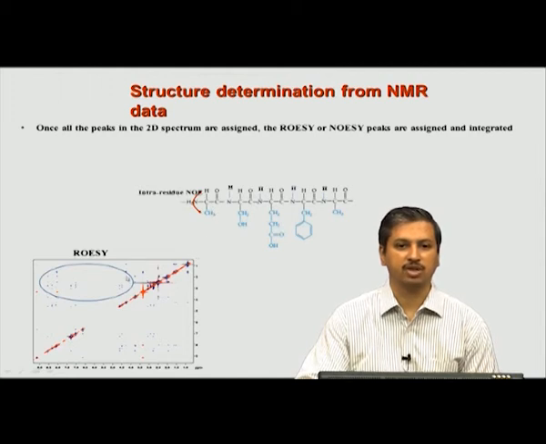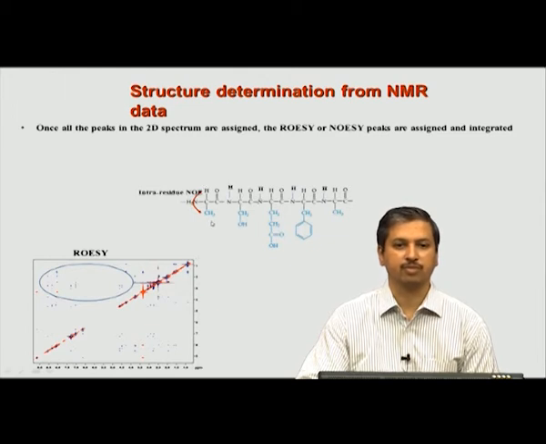If I know the chemical shift of H beta and H alpha of this alanine, remember there are two alanines in this sequence, I should know which alanine is which. That comes from our sequence specific resonance assignment step. So, we know for sure that this H alpha or this H beta chemical shift belongs to alanine number 1, and so on.